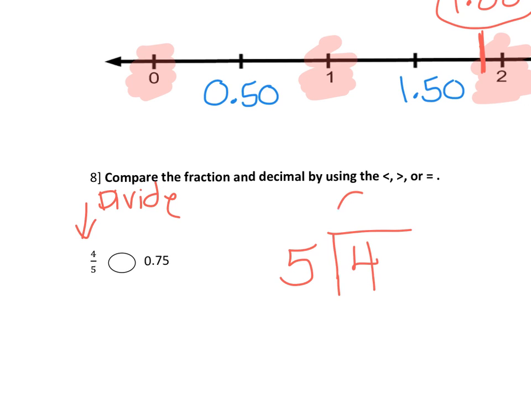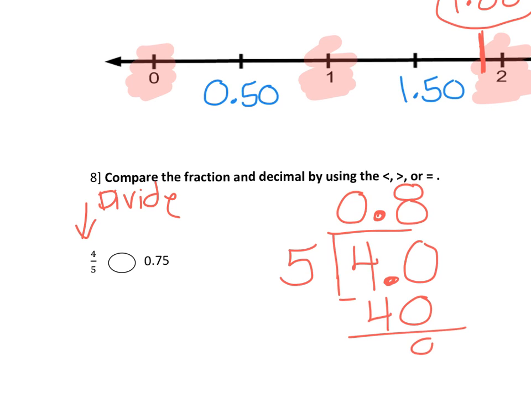And 5 does not go into 4, so Nacho needs to kick off his boots, hang his hat, and give him a tortilla. So now 5 goes into 40 8 times, which is 40. And I've zeroed out. Now I can say 0.8, but again, you always want stuff to look like money. So I'm going to put a 0 behind it. And now I can compare to money value. I'm going to compare 80 cents to 75 cents, and I see that 80 cents is bigger.